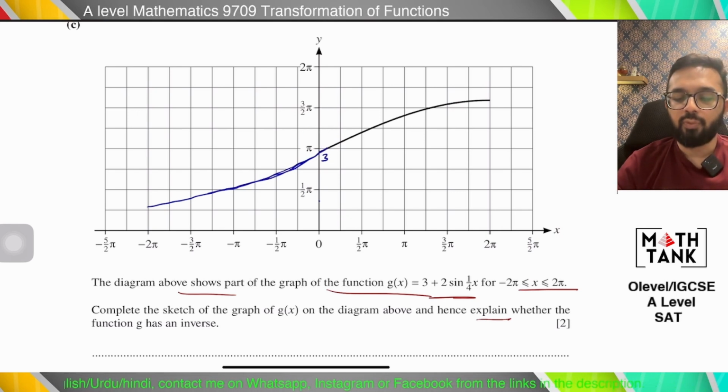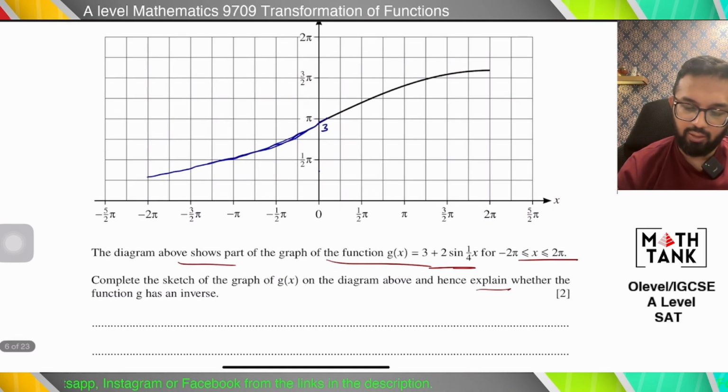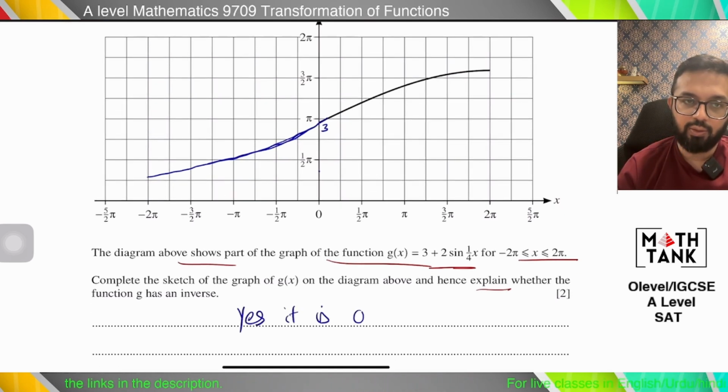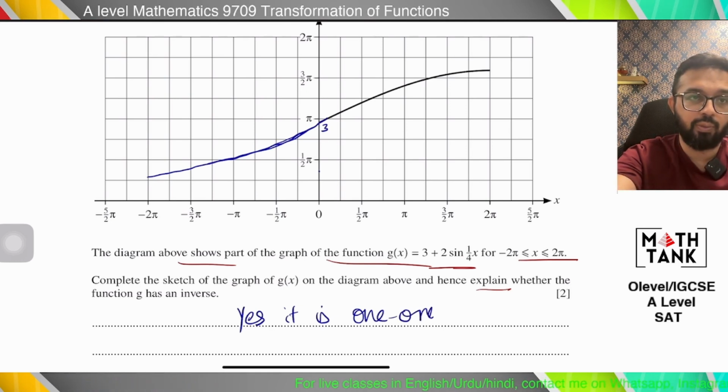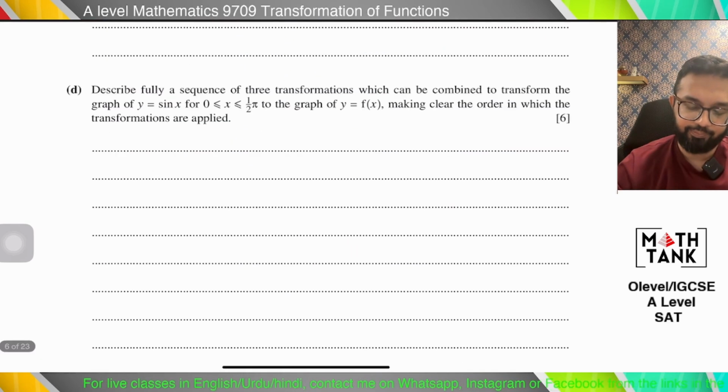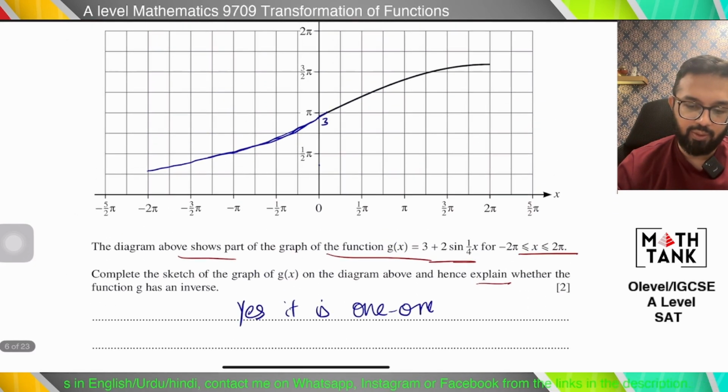Okay, that is what my curve would look like, challenging that way. Okay, yes, it is 1 to 1, so it has an inverse. Okay, let's see what the marking scheme says in this one. What is the mark for? I'm not absolutely sure. So 2312.